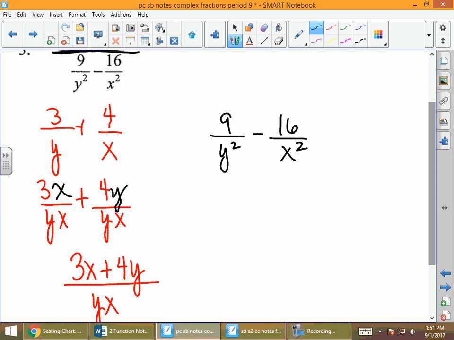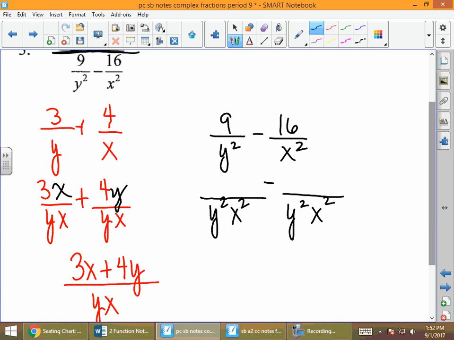Once again, we need to find the common denominator. And y squared is different from x squared. The only thing we can do is multiply the two together. We'll get y squared, x squared. And just like before, if you want to write it in alphabetical order, that's traditional.